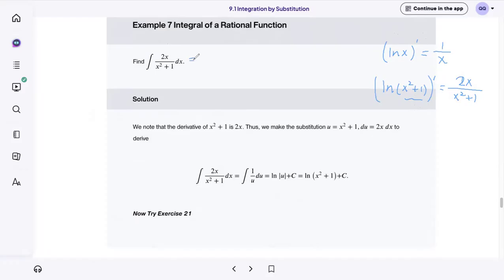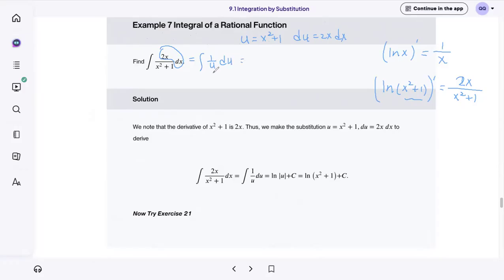So that means when we anti-differentiate, let u be x squared plus 1. Then du equals 2x dx. So we already saw du. That's du. Then 1 over x squared plus 1 becomes 1 over u.